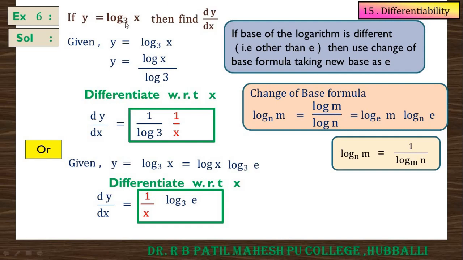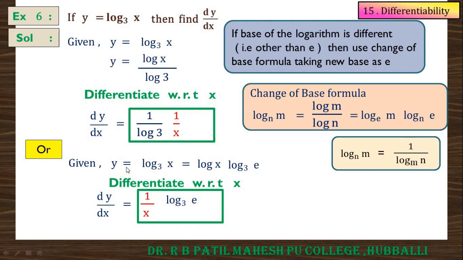You don't worry about the base; first follow the derivative of log x, which is 1 by x. After that you multiply by log e to the base 3. That means this x you replace by e, and you just take the multiplication, and that becomes the derivative answer. Once again I repeat, the log x derivative is 1 by x, and then you multiply, replacing x by e, log e to the base 3.